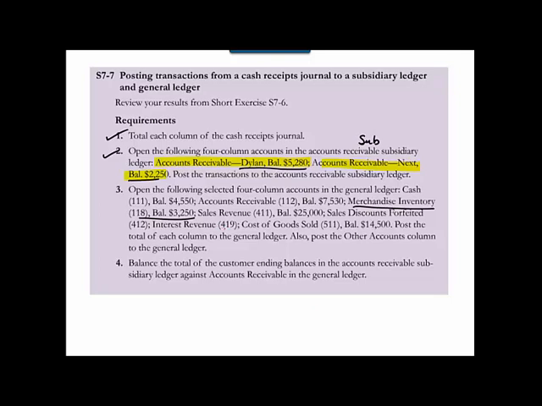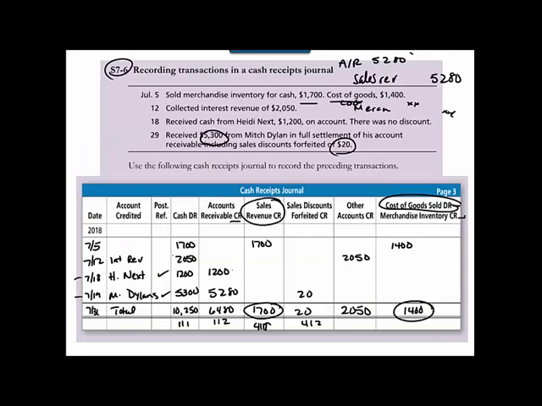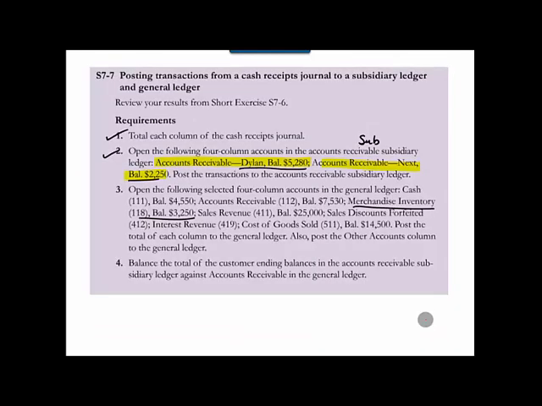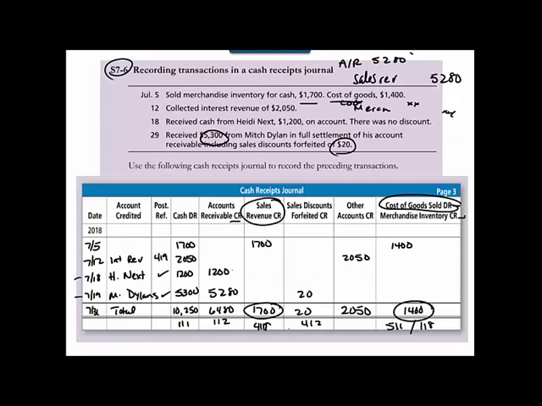Interest revenue is 419, so I put that there, and then cost of goods sold was the debit, that's account 511, and merchandise inventory was the credit, that is account 118, based on these account numbers that they gave me here. And so once those numbers are filled in, that's how I know that everything has been posted.